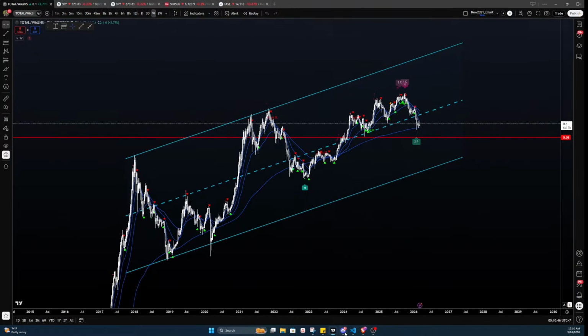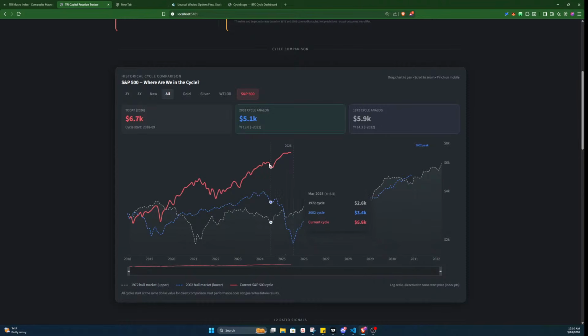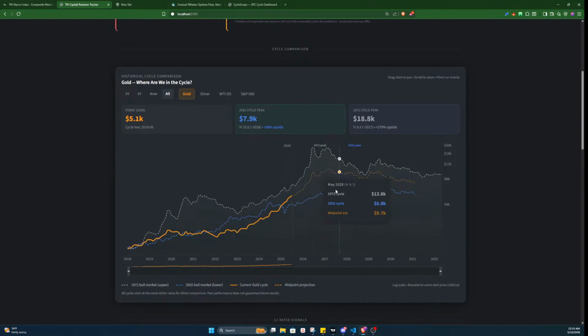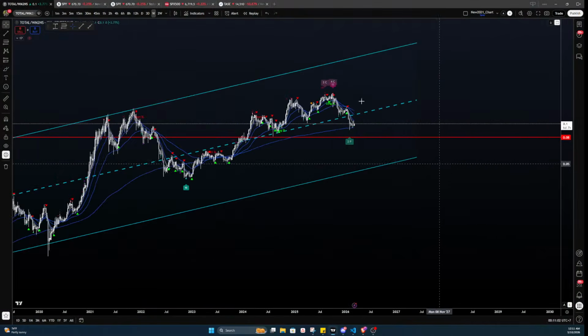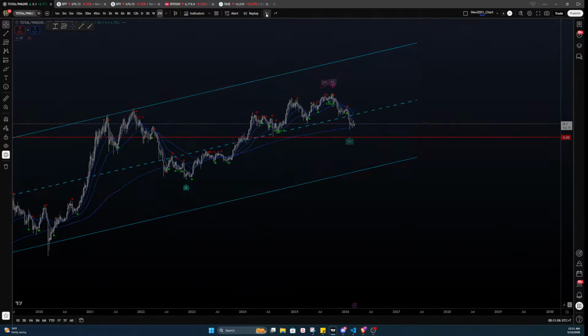So if stocks do something like in 2022, this could be a big problem, right? So that's the issue. And if gold has farther to run, that's also an issue, and that's my concern from a macro perspective.